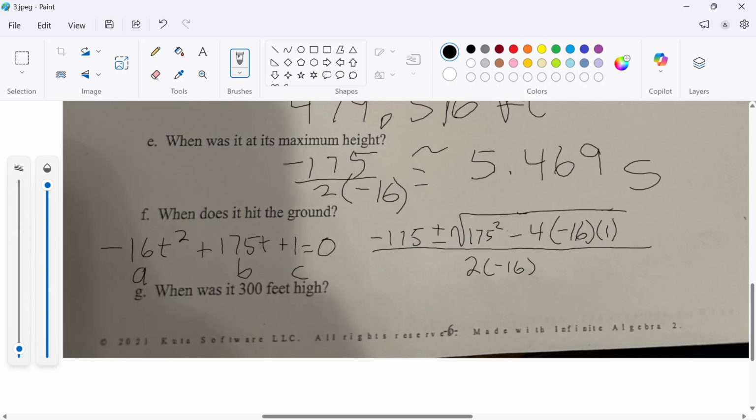Remember, it's negative b plus or minus the square root of b squared minus 4ac. And a is the number in front of the squared component, b is the number in front of just the letter, in this case t, and c is the constant. So in this case, b should be 175.